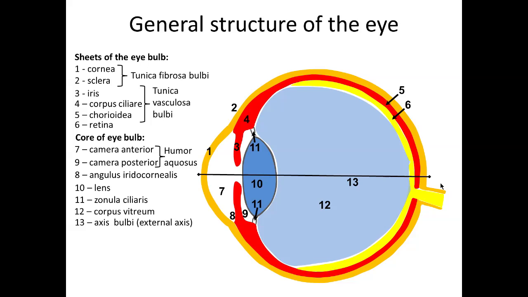they should have the same dimension of the eyeball, exactly 24 millimeters. It is very strange fact that axis bulbi external in norm in all healthy men should be the same.